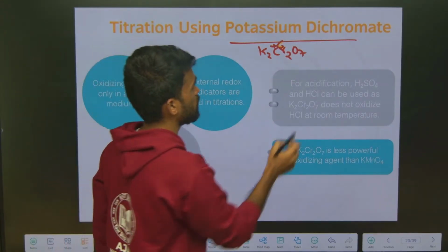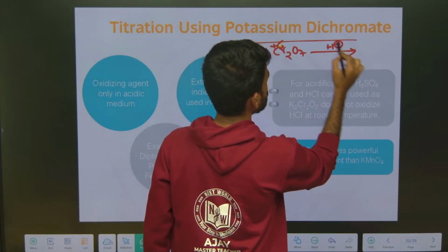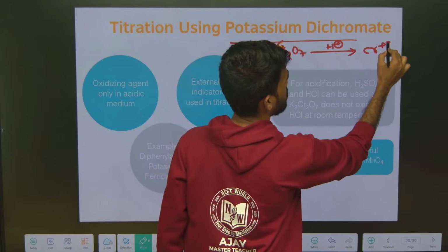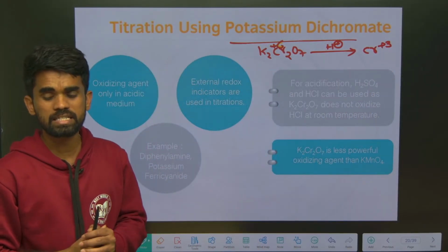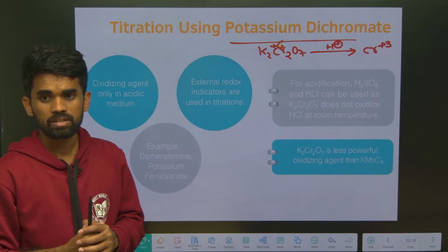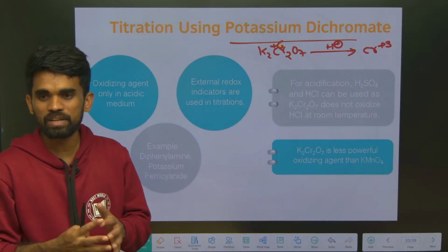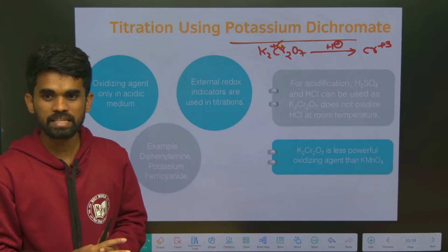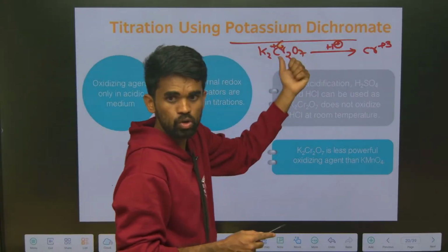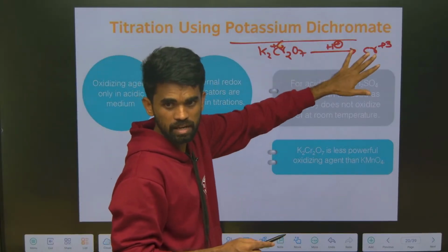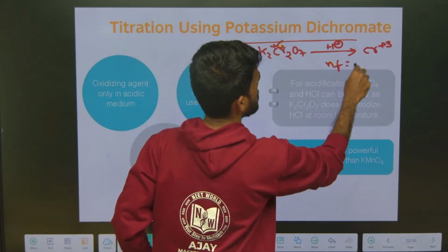Whenever it undergoes reaction in acidic medium, it converts into Cr +3. So +6 is converting into +3. What is the oxidation state change? 3. What is the n factor if I ask? 6. Why is it 6? For each chromium 3, 2 chromiums are there, 2 3s is 6. So the n factor change in this process will be taken as 6.